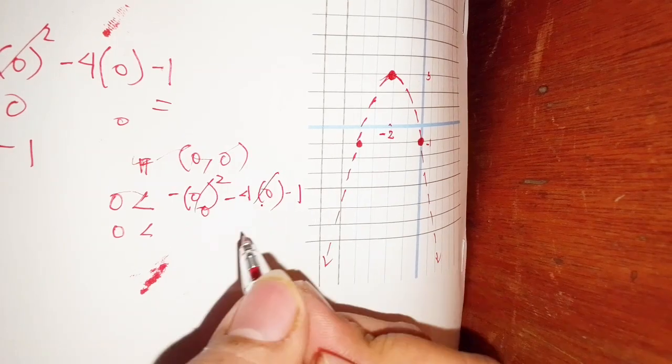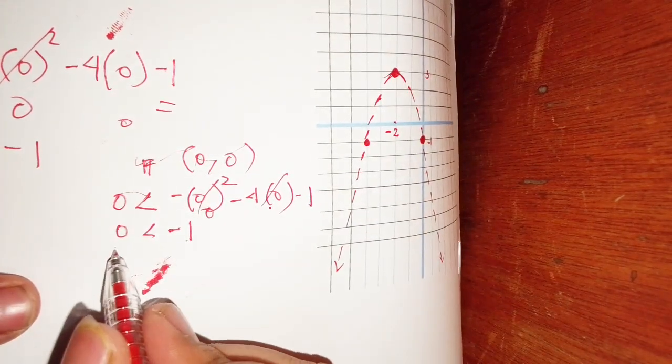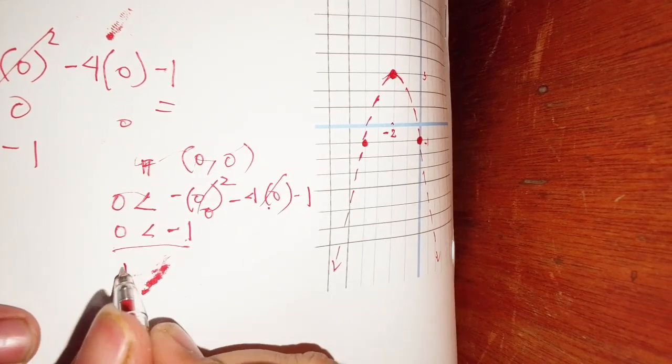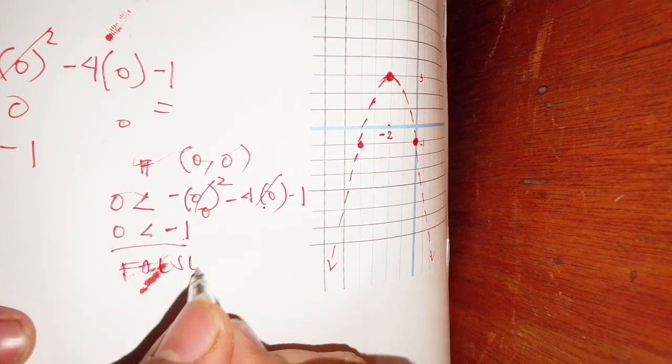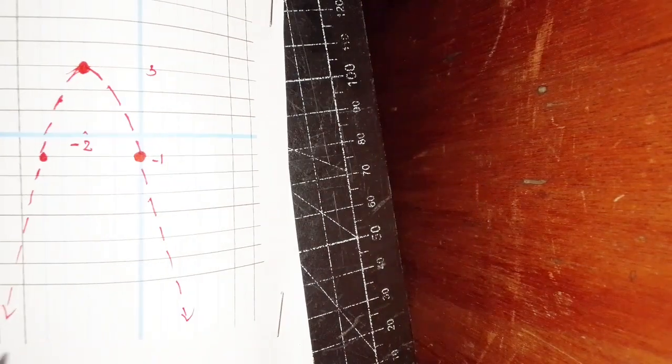Negative 0 squared is 0, negative 4 times 0 is 0, so the comparison of the inequality is 0 is less than negative 1. Is 0 less than negative 1? False, this is not true. 0 is bigger than negative 1.